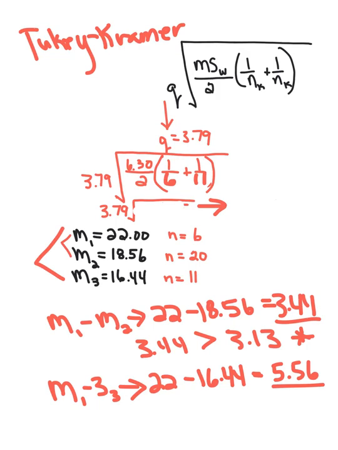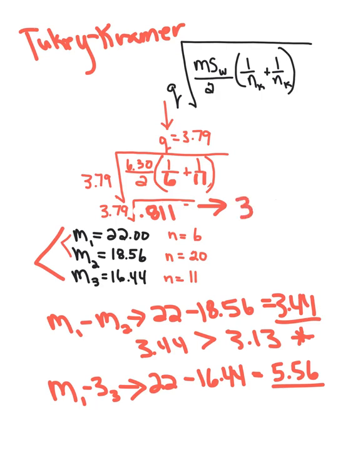So 1/6 plus 1/11, and that's 0.81136, etc. But I need to get the square root of that, and multiply it by 3.79, which is 3.41.